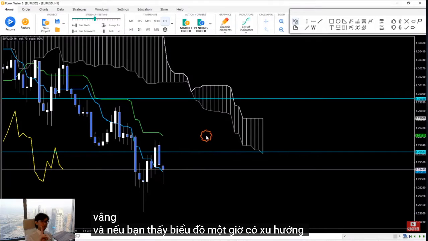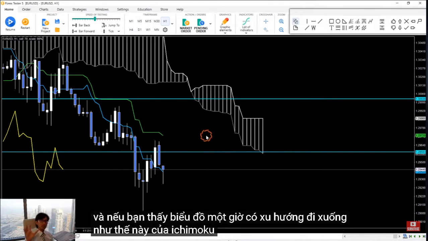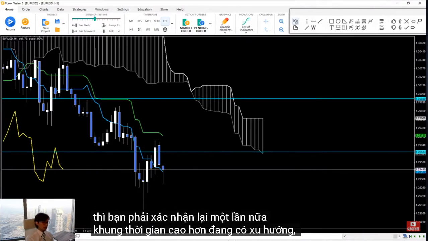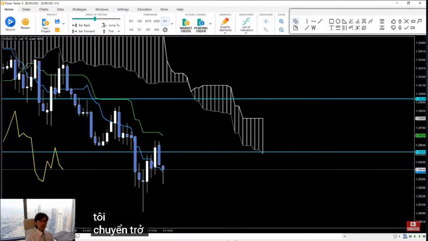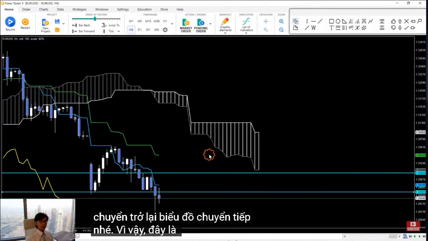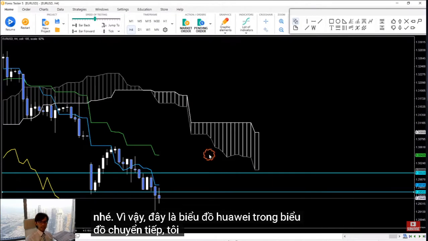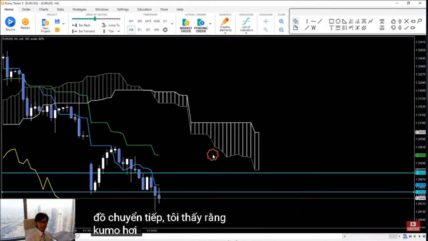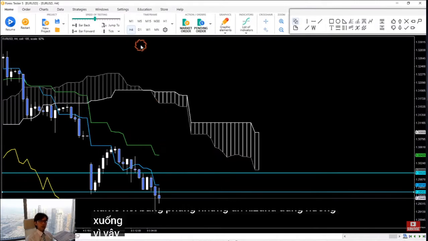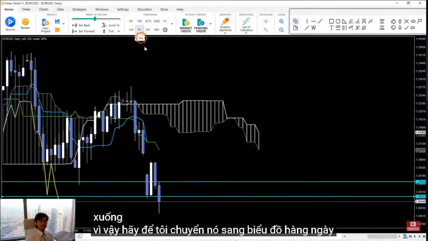Yep. And if you see 1 hour chart to be downtrending like this by Ichimoku, then you have to confirm once again higher time frames to be trending. So let me switch back to forward chart. Okay, so here's forward chart. In the forward chart, I see that the Kumo's a bit flat, but Kijun Sen is pointing down. So let me switch it to the daily chart.